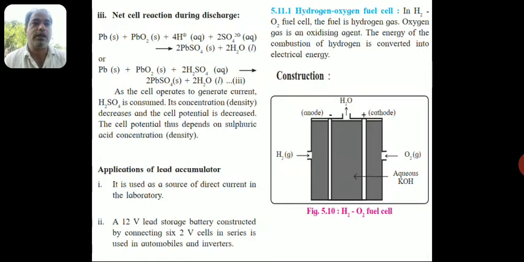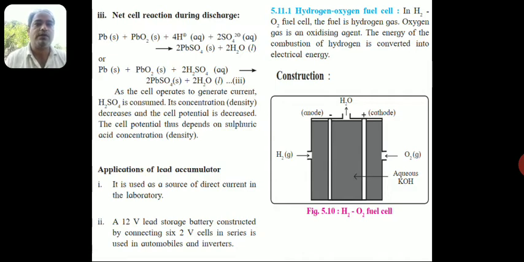Okay, so next, the net cell reaction during discharging. Pb plus PbO2 plus 4H+ plus 2SO4 2- gives 2PbSO4 plus 2H2O, or Pb plus PbO2 plus 2H2SO4 gives 2PbSO4 plus 2H2O.